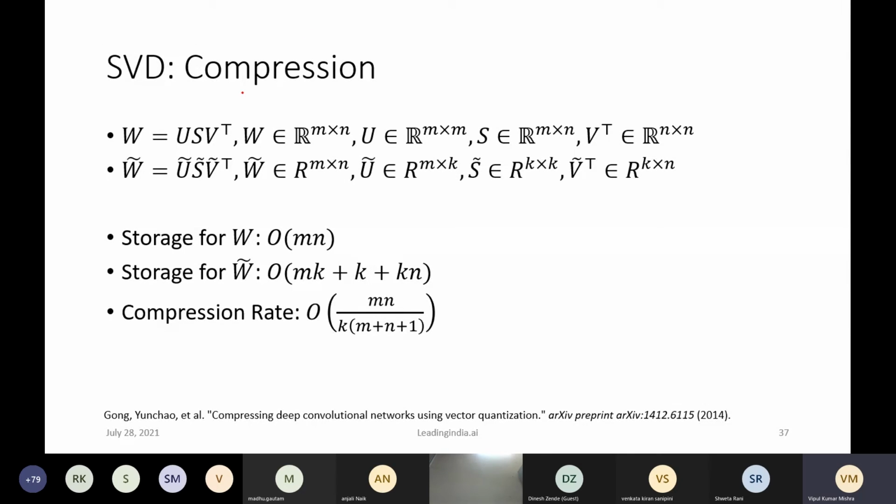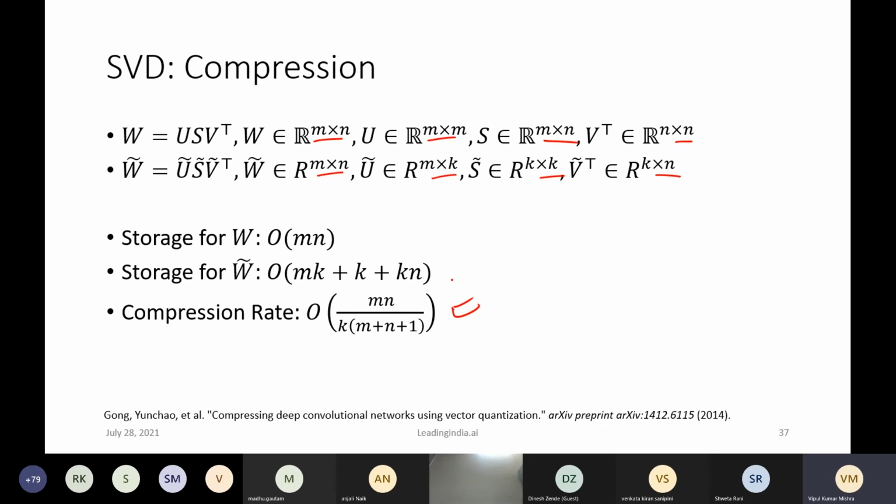So with that we can reduce the matrix size, right? You can check how much we are reducing with this. Suppose your original matrix is n cross n, you do the decomposition and you get these three matrices. Now we have selected a k value, and based on that k value we get these matrices.